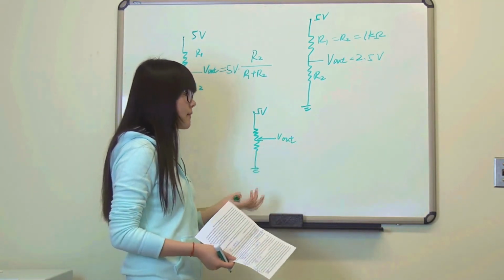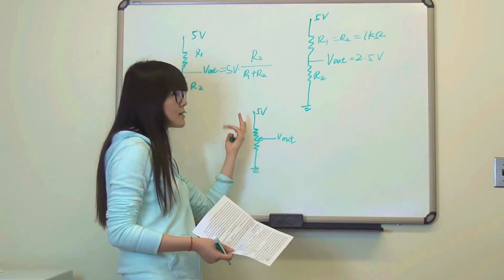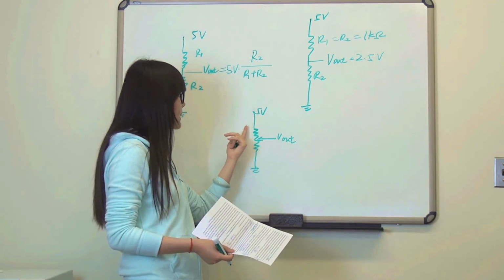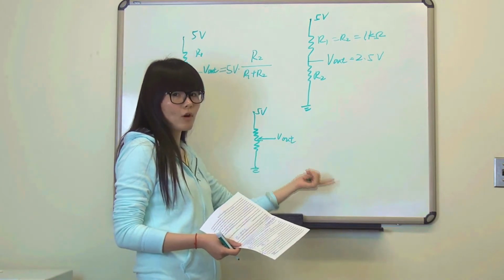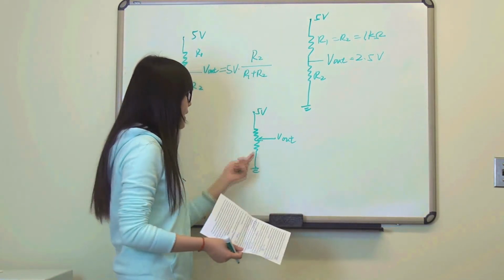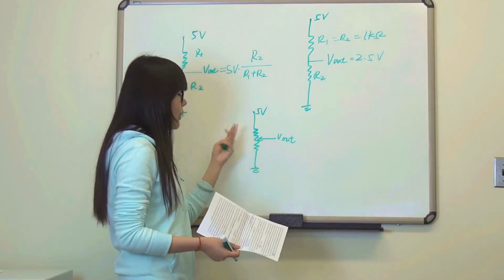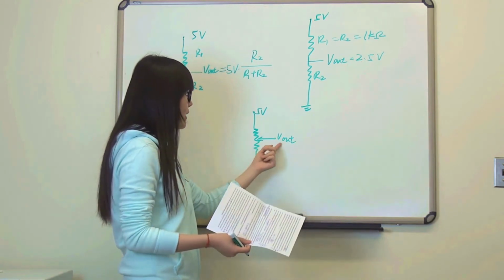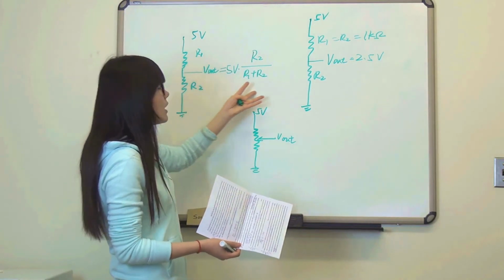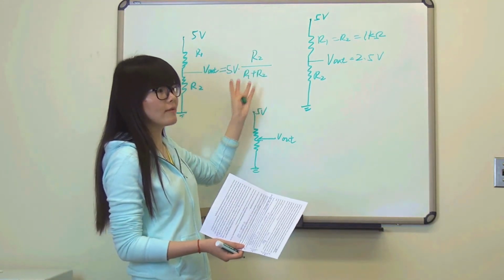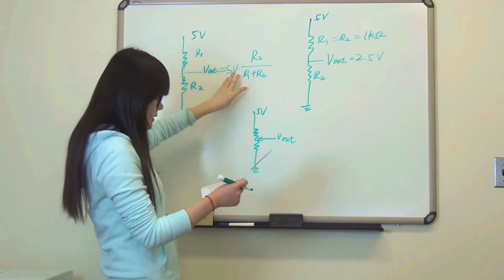If the wiper is stopped at the top, it will connect to the 5 volts, and your V out will be 5 volts. And if the wiper is in the middle, you can calculate your V out by the voltage divider equation, which is like here.